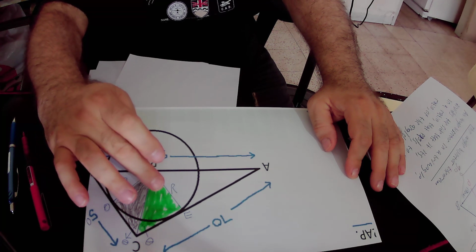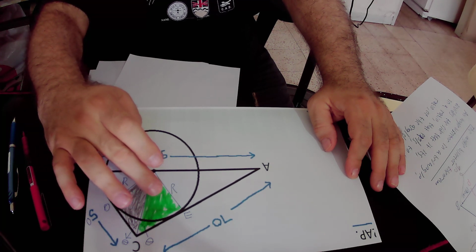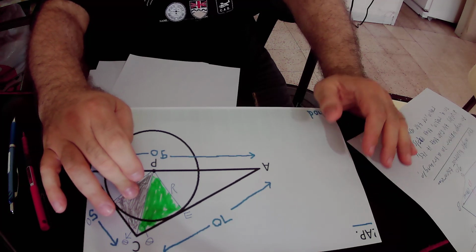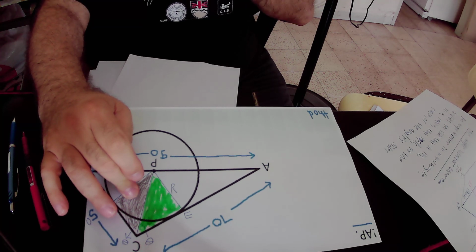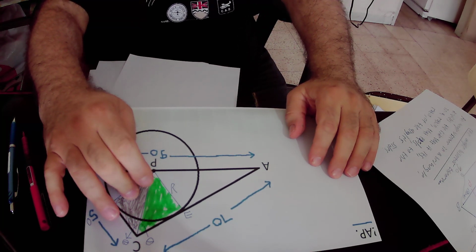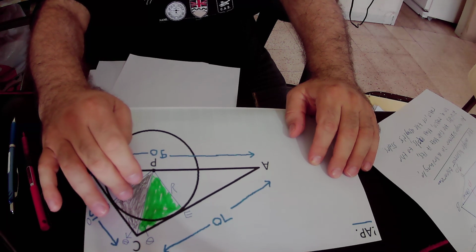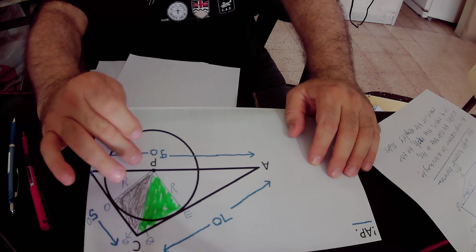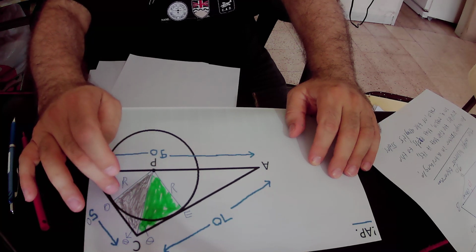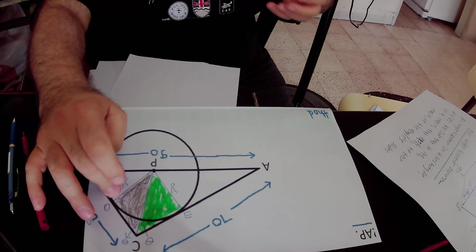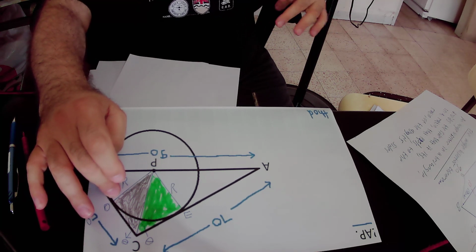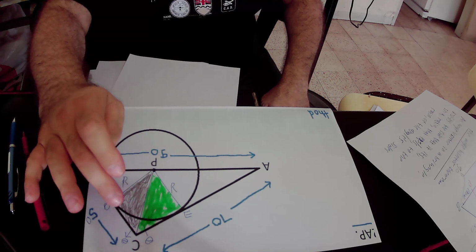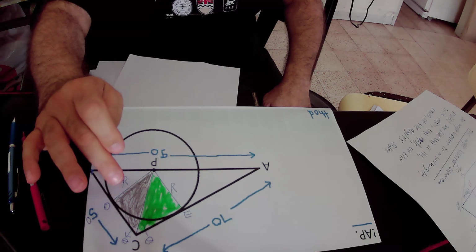So we have 3 sides of the green triangle that equal 3 sides of the black triangle, and from that we can deduce that the green triangle is congruent to the black triangle, and for that reason we can say that angle PCE equals angle PCO, according to the rule that corresponding angles in congruent triangles are equal to each other. So if we call angle PCE theta, angle PCO will also be theta.